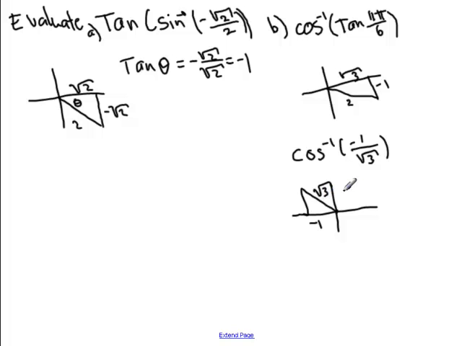So what we're going to have to do then is just approximate with our calculator. And again, it should be a value that's going to be in the second quadrant here. So go into our calculator, which I get as 2.19 radians.